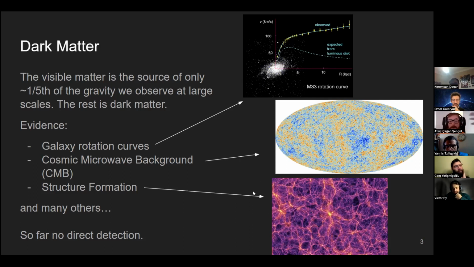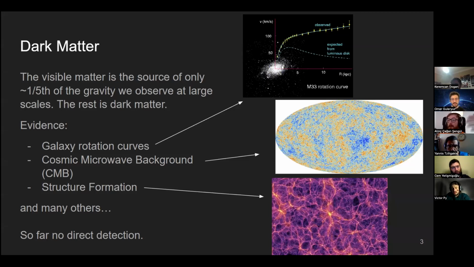Currently there are very few people who doubt the existence of dark matter. It's an established truth. We have these galaxy rotation curves. When you observe stars in a galaxy orbiting the center of a galaxy, and you plot their rotation velocity as a function of distance to the center of the galaxy, the prediction from only the luminous component of the galaxy does not match the observed rotation velocities, meaning that the stars are orbiting the galaxy faster and faster as you move away from the center.